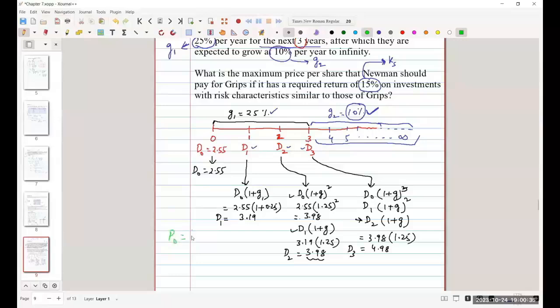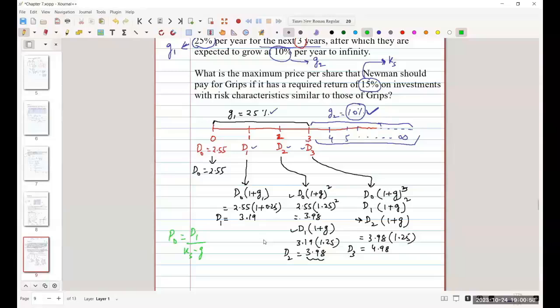The formula that we have been using for the constant growth rate model was based on the assumption that the dividends grew at a constant growth rate on and on and on till an indefinite period of time. In the problems that we solved earlier, everywhere it was written till a foreseeable future or something like that. Isn't that so?